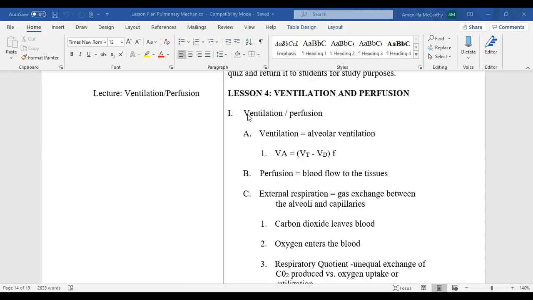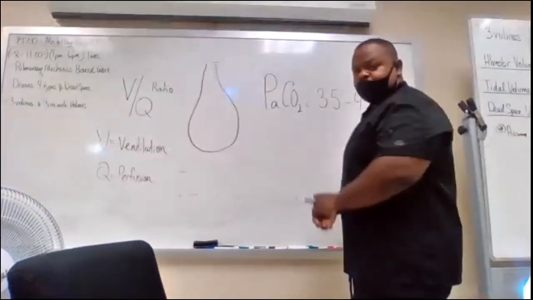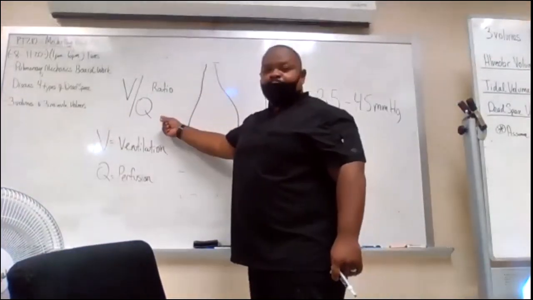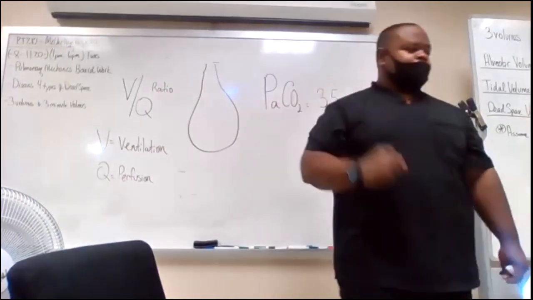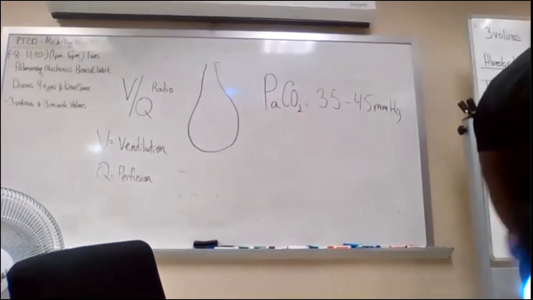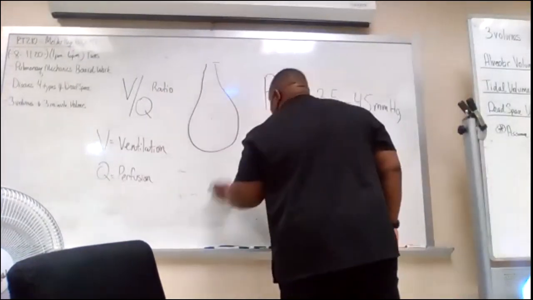Stop the screen share so those online can see what I'm doing on the board. All right, the VQ ratio is ventilation to perfusion. It should be 4 to 5.